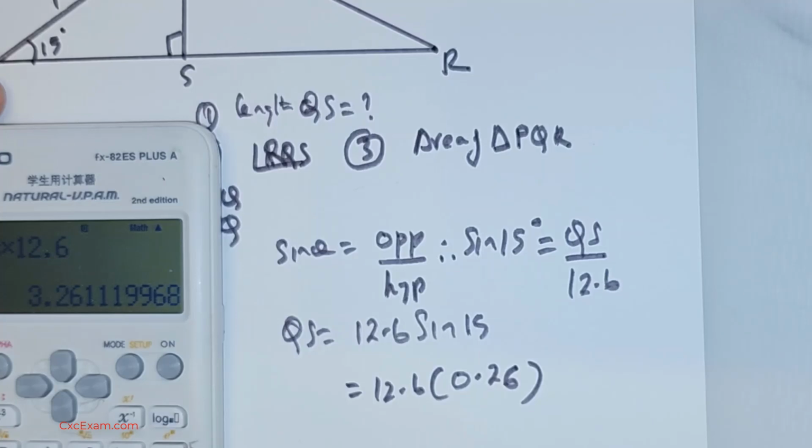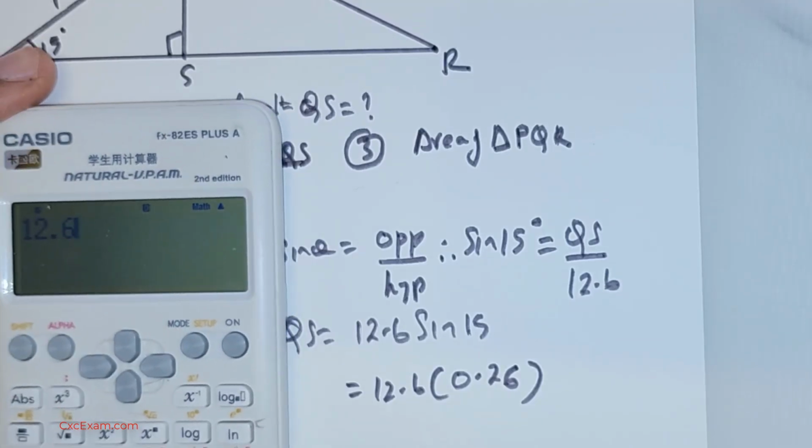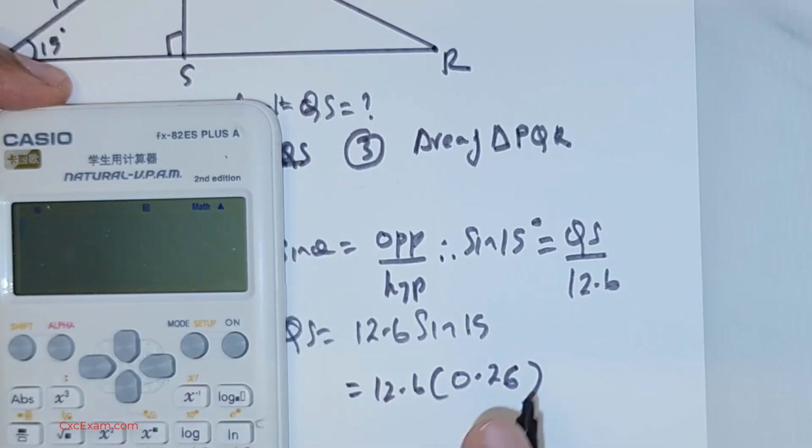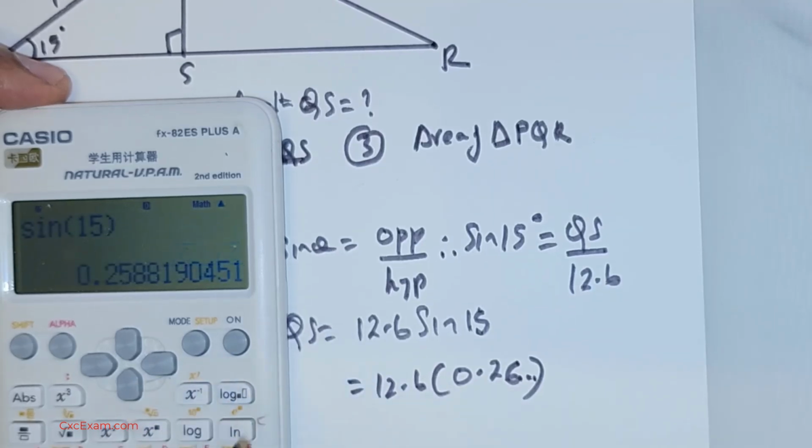Okay, so what we will do is multiply 12.6 with 0.26. In fact, you don't have to round it because we are taking a product. So I'm just going to take the entire value for sine 15. This is what we are getting, right?